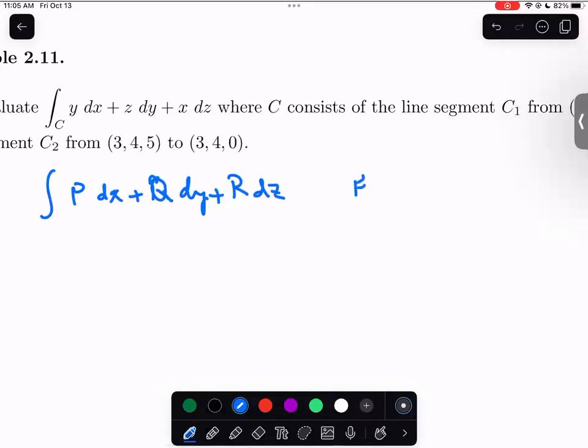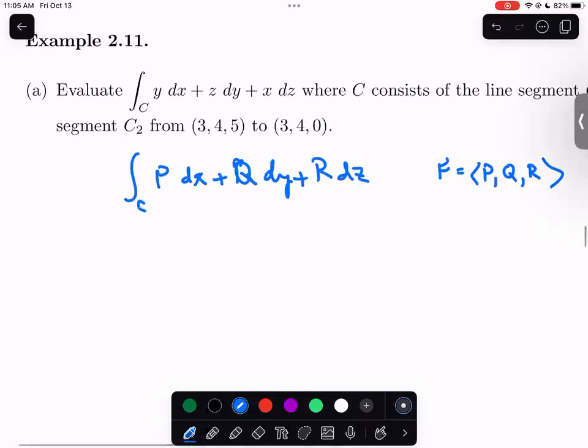Our vector field would be this P, Q, R. Even when I see something like this, I'm very tempted to put it in my working definition, so I would write F dot r prime of t dt.